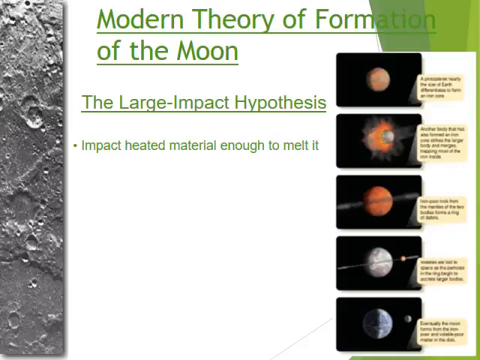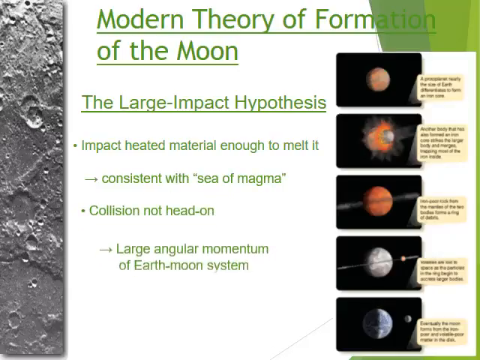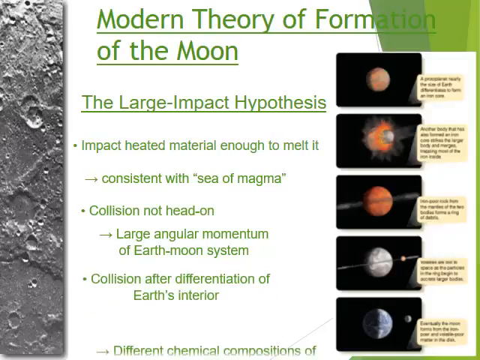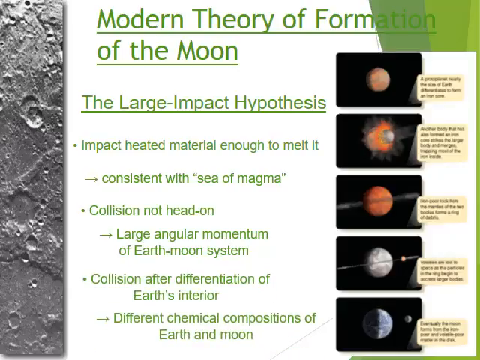The leading hypothesis currently is the large impact hypothesis, the idea that shortly after the Earth formed as a protoplanet, it got smacked into by another large protoplanet, perhaps almost the size of Mars. Essentially the two centers of those protoplanets combined and formed one large planet, which is the Earth, and left a bunch of debris almost like a ring. That ring then accreted over time and formed the moon.